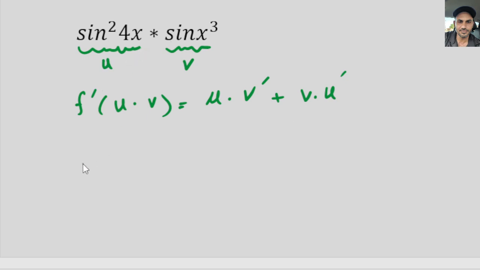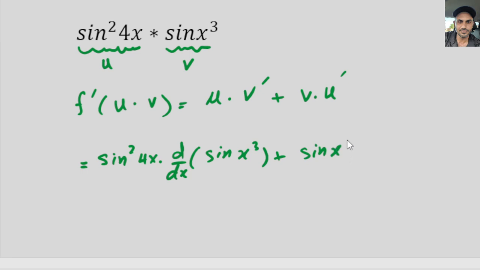We get u, which is sine squared 4x, times d over dx of sine x cubed, plus v, which is sine x cubed, times d over dx of sine squared 4x.